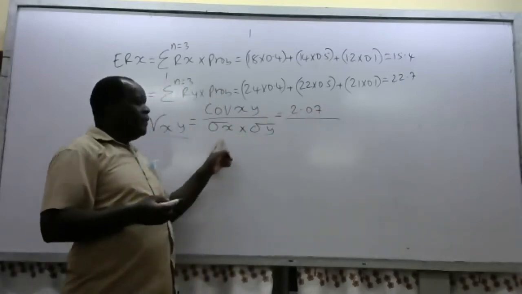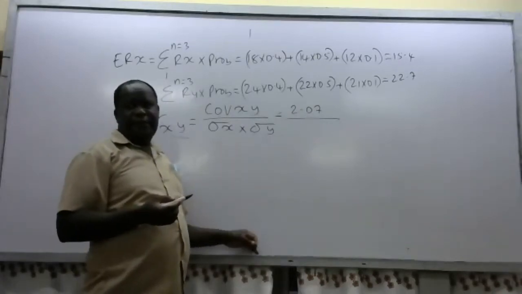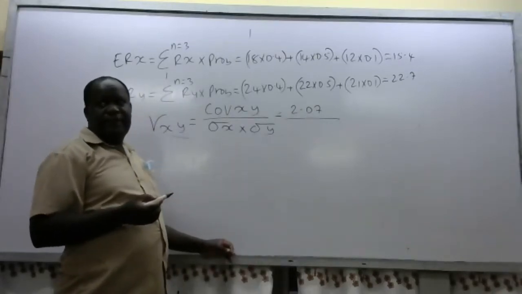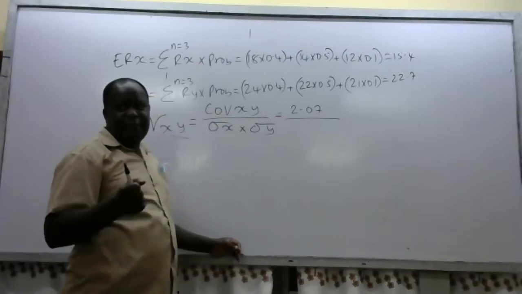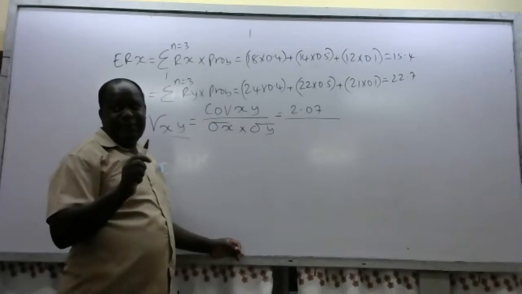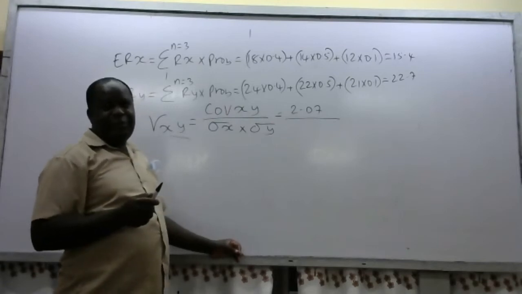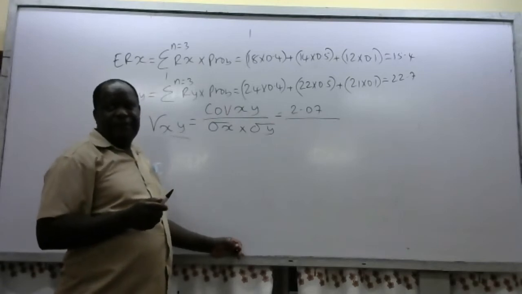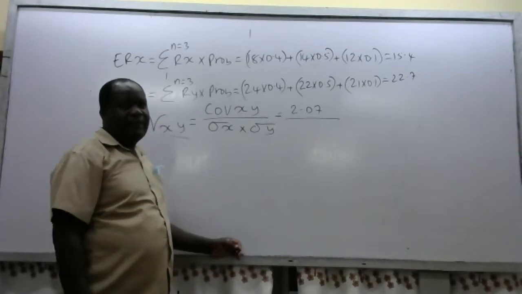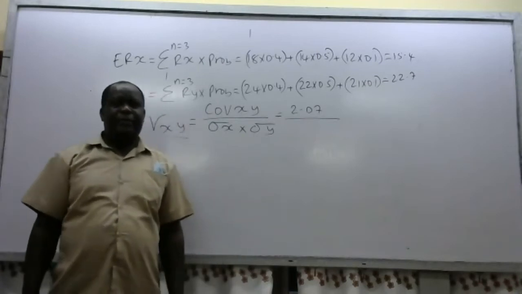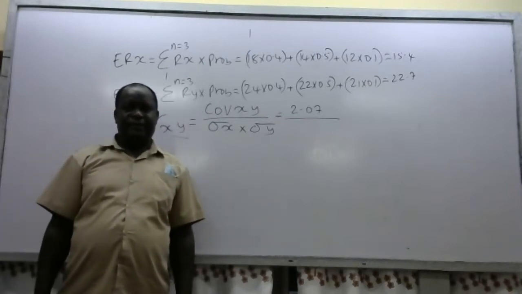So standard deviation for x, you are getting it here. When you round it off into 2 decimal places, you need to get the square root of that value.